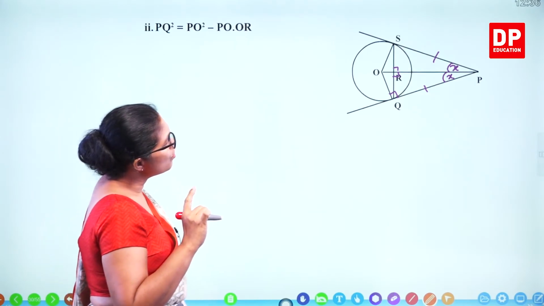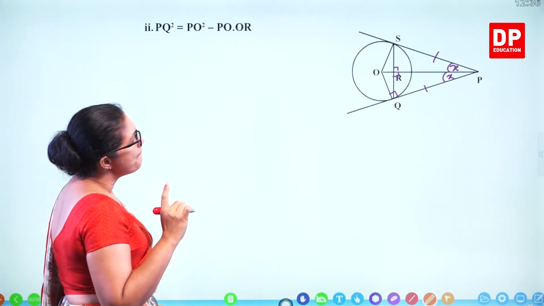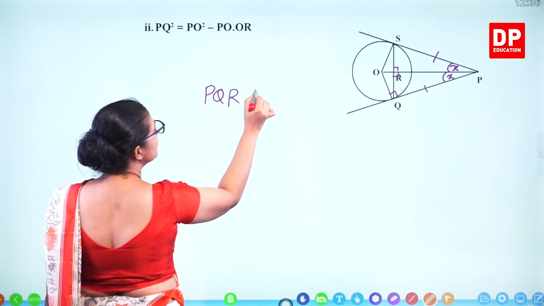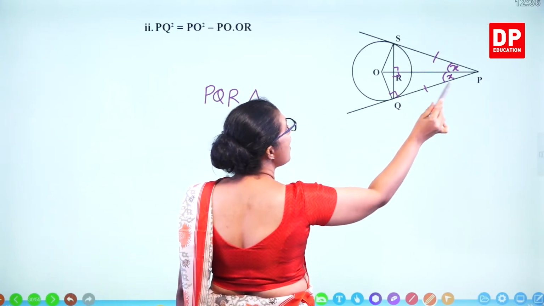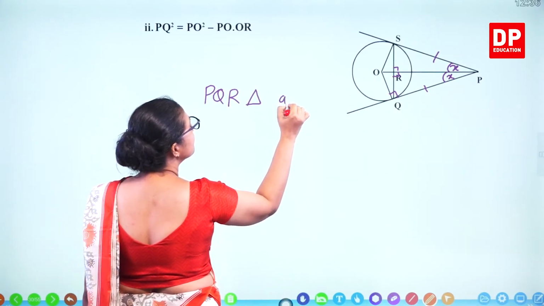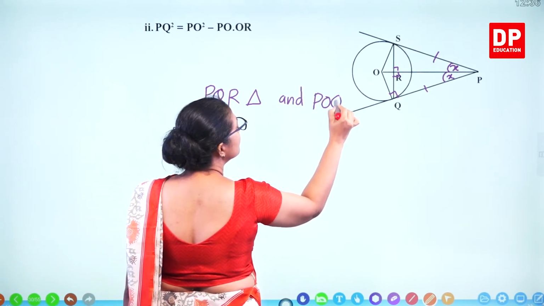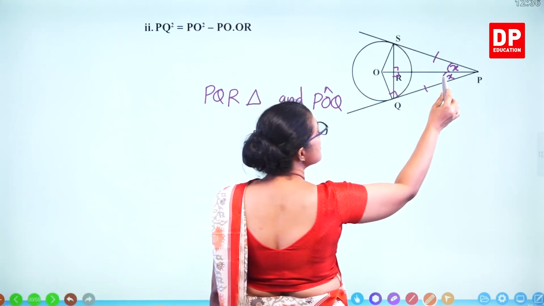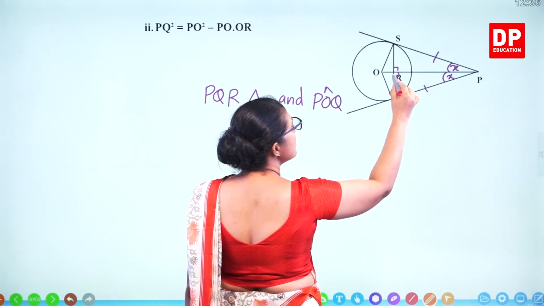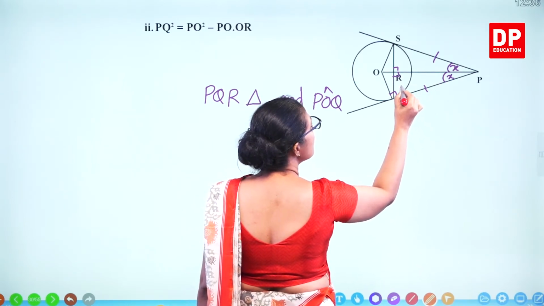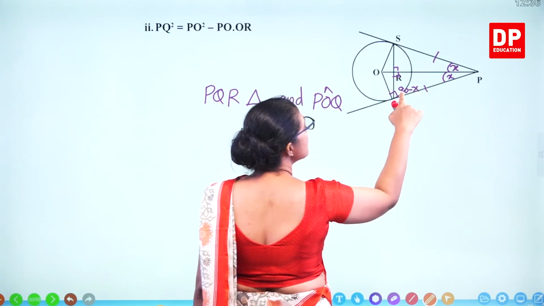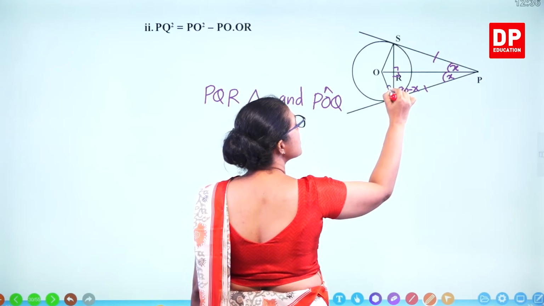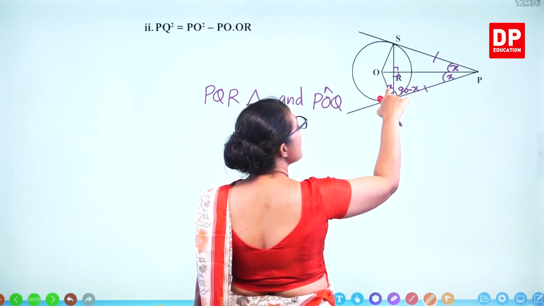Now we'll take the two triangles, PQR and POQ triangle. Two triangles. What can you say? This is X, 90, then this angle is 90 minus X, if you take this triangle. But this becomes 90 minus, this becomes X. 90 minus X here.